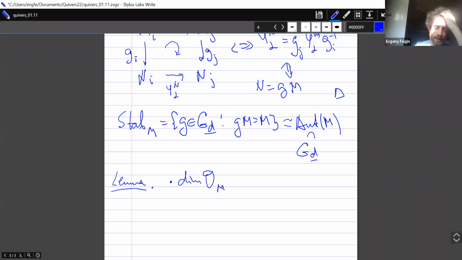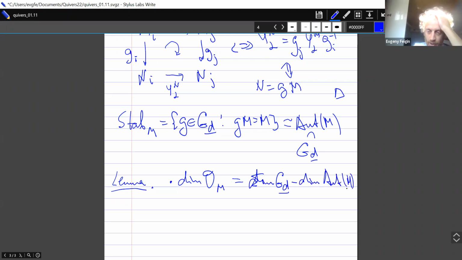And then this equals the dimension of G_d minus the dimension of the automorphism group of M. So this is the first claim, and the second claim is that there is at most one top dimensional orbit.